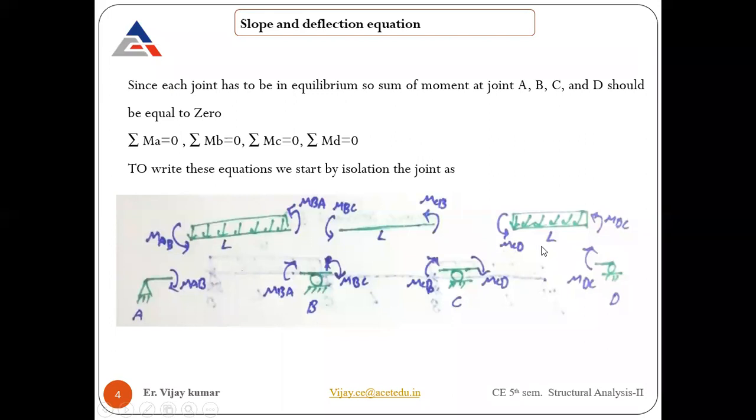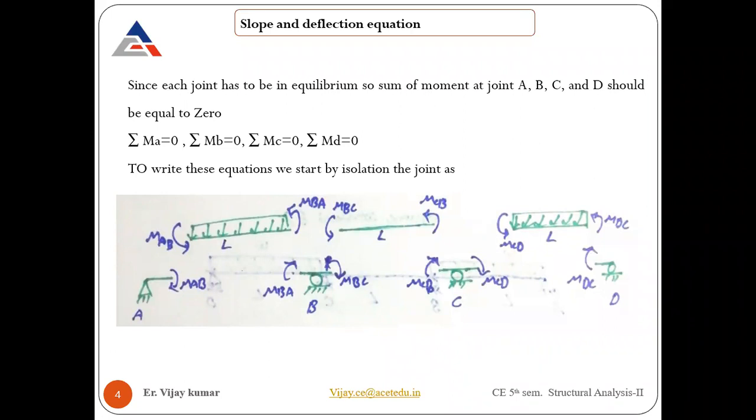One thing that is very important in the slope deflection method: we are not going to consider any slope and deflection due to axial and shear forces. I'm not going to consider any slope and deflection created due to the axial force as well as the shear force. The predominant effect of slope and deflection takes place only due to bending, and we are going to consider that in this method only.